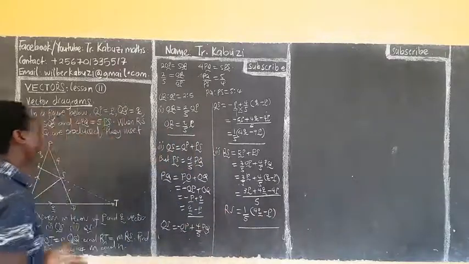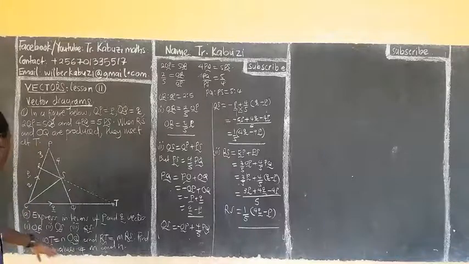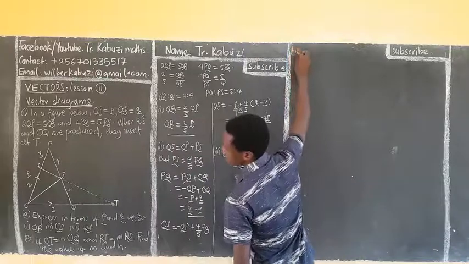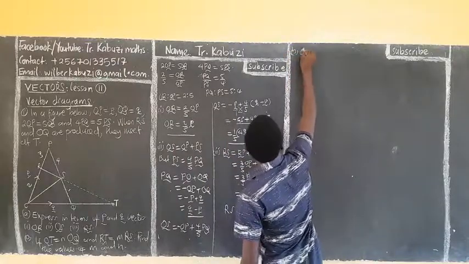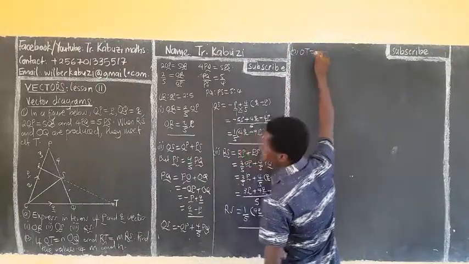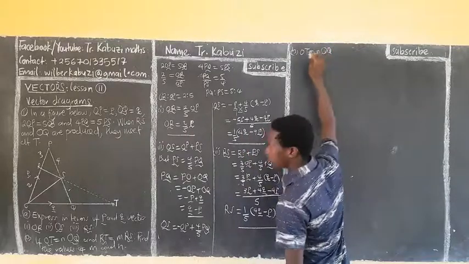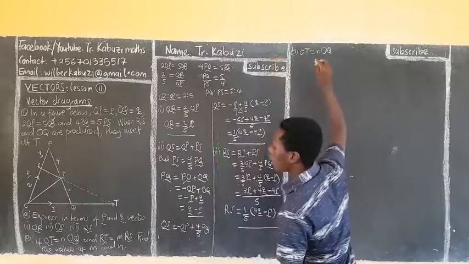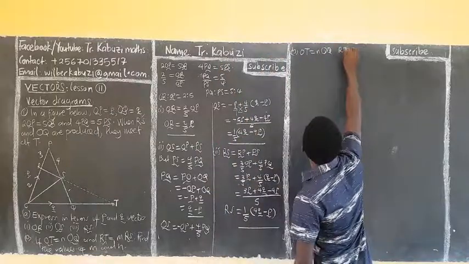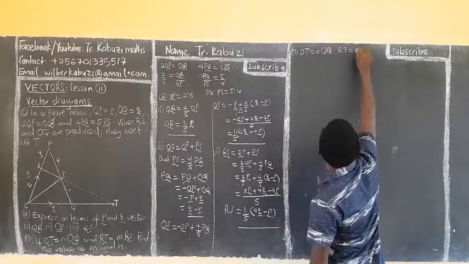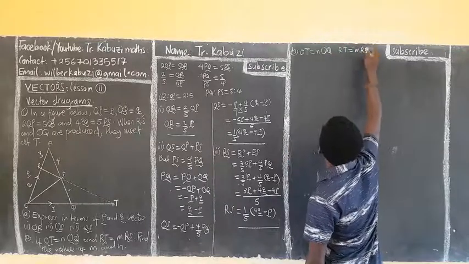So after getting RS, now if OT is this and RT is this, they are telling me in part D that my OT is n OQ, and then RT is m RS.